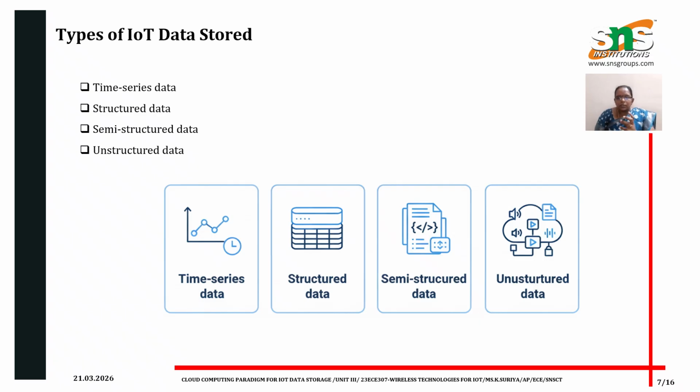So the third one is the semi structured data, which includes the formats like XML. And the fourth is the unstructured data, which includes images, videos, and audio data that is generated by the cameras and the microphones. So each type of data requires different storage and processing techniques.